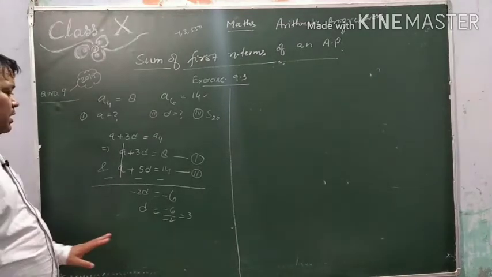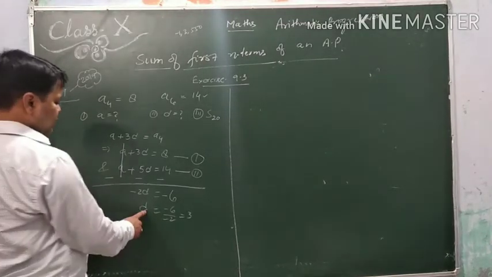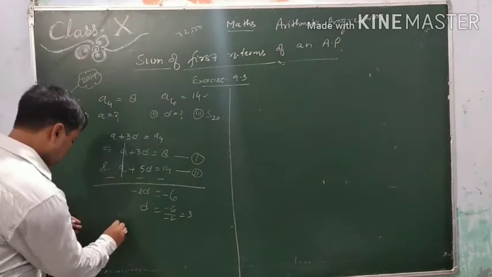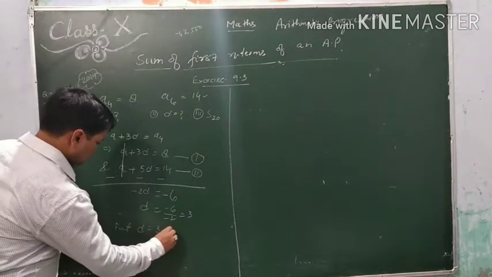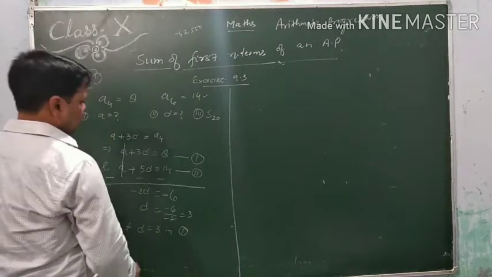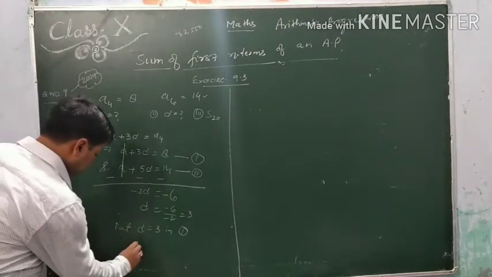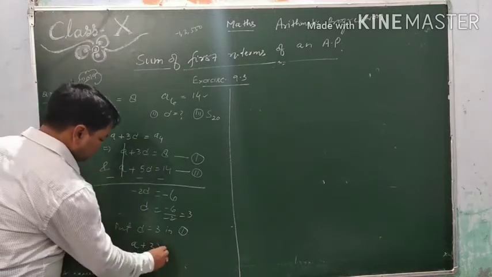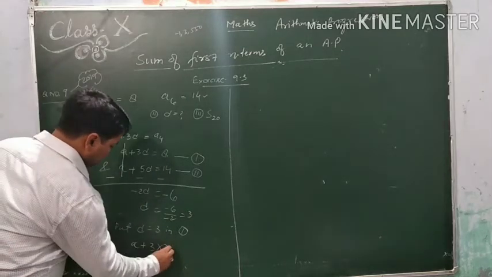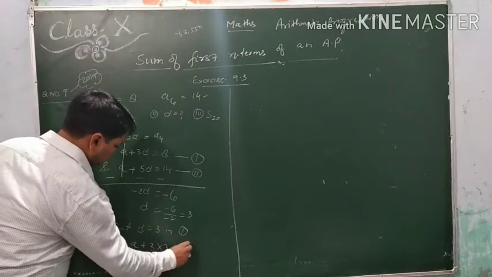Now put the value of d in equation first. Put d equal to 3 in first. Then it will be a plus 3d, and d is 3, so 3 into 3 is equal to 8.